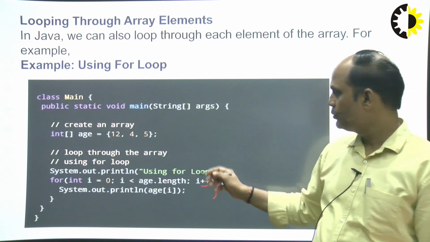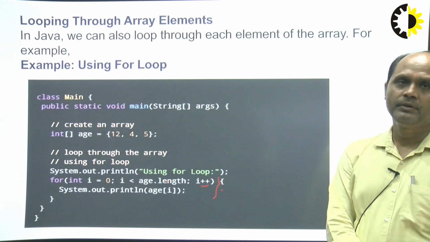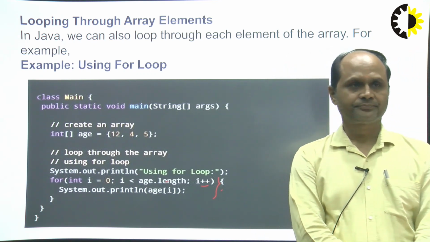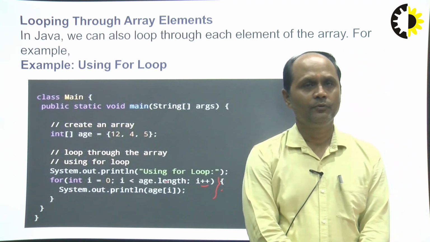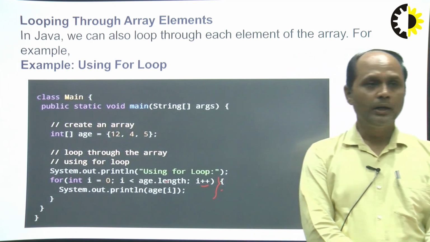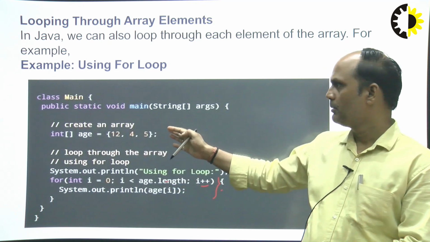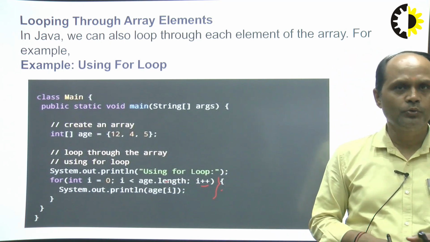If we want to, we can also use some other loops. Suppose we want to use the while loop or the do while loop, we can also implement this particular program by using the while loop, do while loop or for loop.